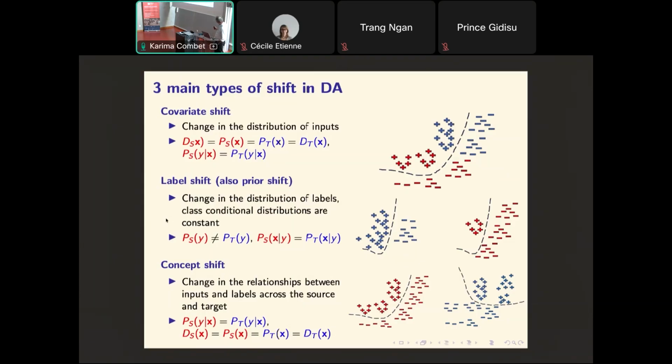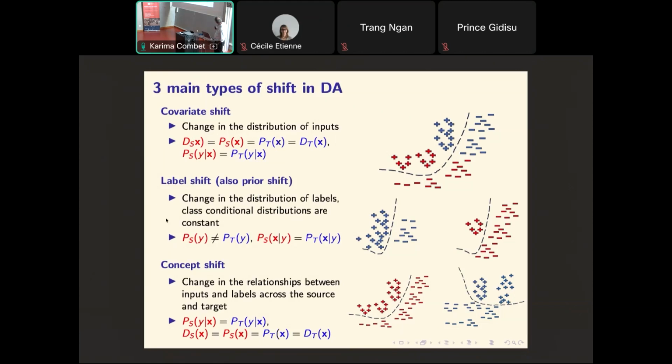In the label shift, the idea is that the distribution of the labels is different, but the distribution of the instances given the label is the same, which is illustrated here. We don't have the same probability of having a positive on target as on source, but the general distribution of the instances is the same.